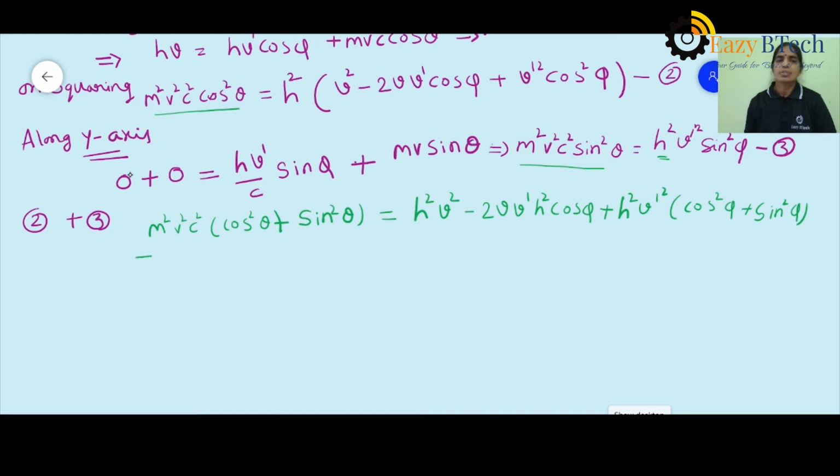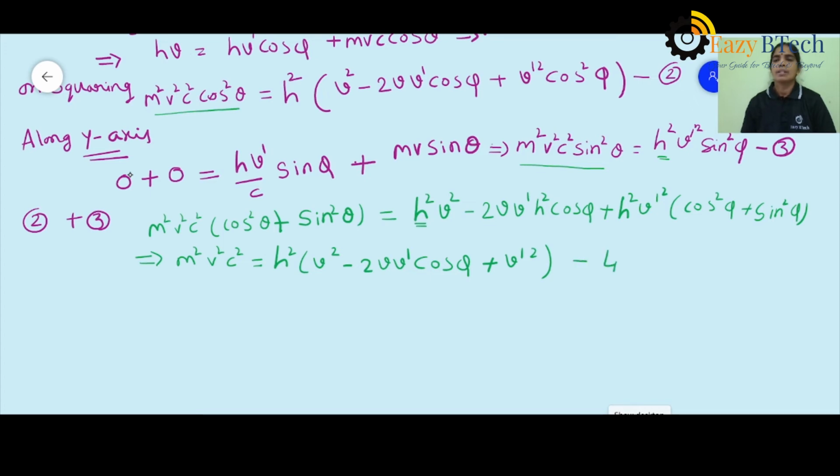So using that substitution, I'll have the expression m square v square c square given as, I can take h square also common, h square into mu square minus 2 mu prime cos phi plus mu prime square, because once again cos square phi plus sine square phi equals 1.